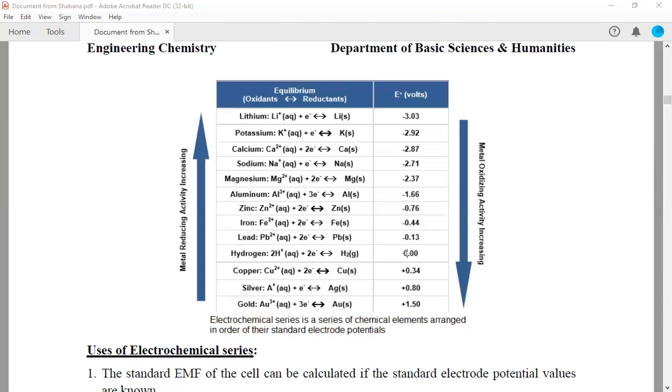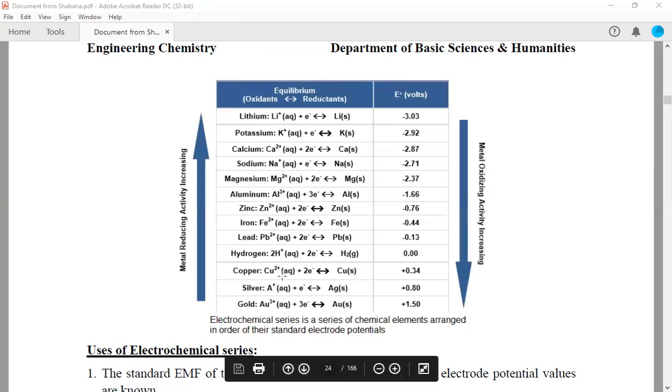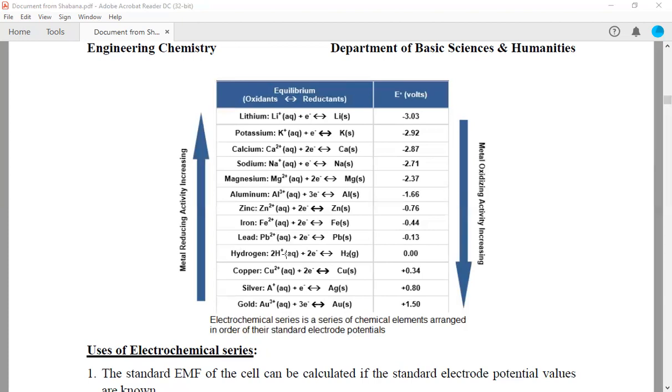The oxidized form of any metal below hydrogen in the series will be reduced by hydrogen. That means a metal above hydrogen in the series can displace easily, whereas the metal which is present below hydrogen in the series from a salt solution.